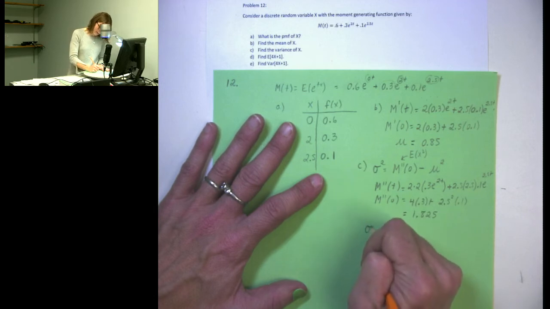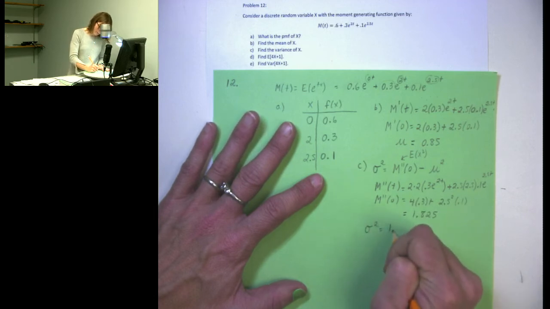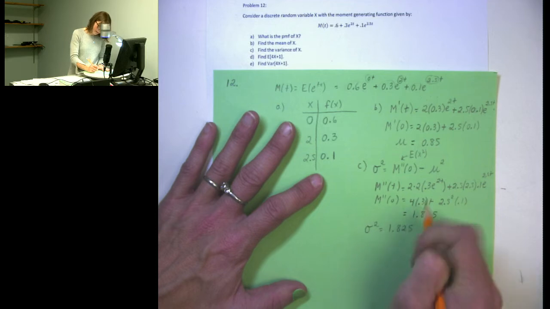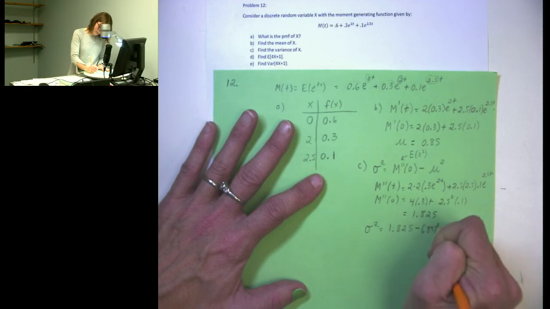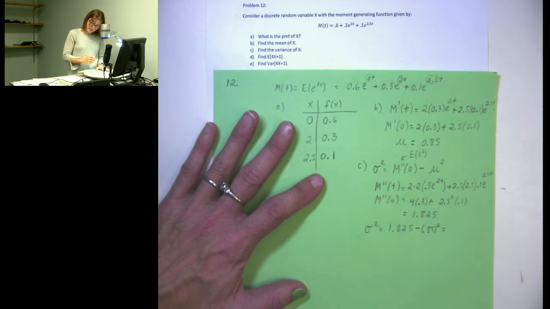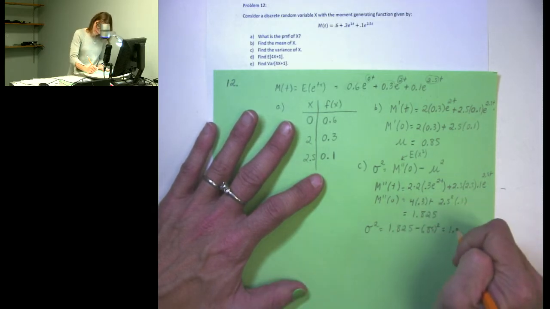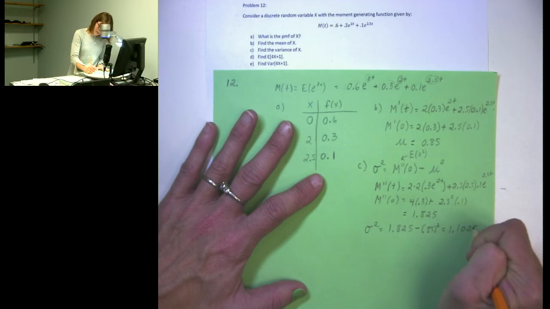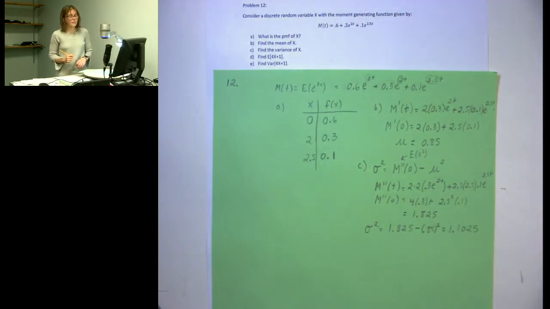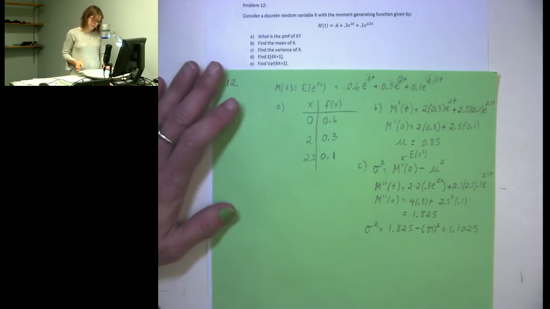And so my variance is going to be 1.825 minus 0.85 squared, and that is going to give me 1.1025. So there is my variance of x.